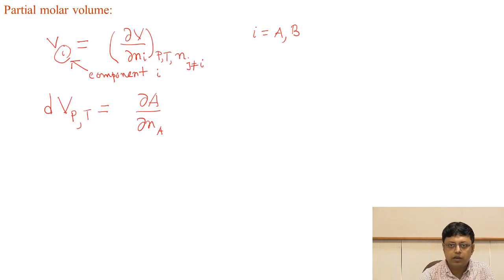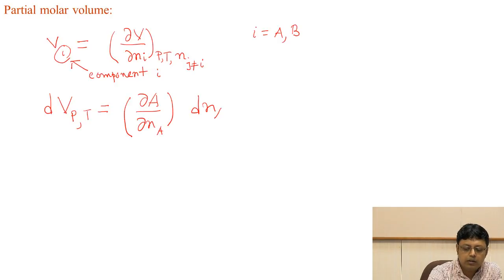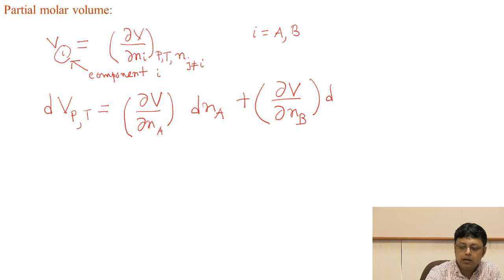The example we gave, A was water, B was ethanol. And then we take the change in A plus the partial derivative of the volume with respect to NB, multiplied by dNB.